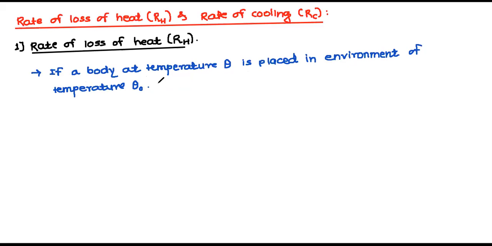And what we have to assume here, theta is greater than theta naught. Okay, theta should be greater than theta naught, means the surrounding or environmental temperature should be less than the body temperature.